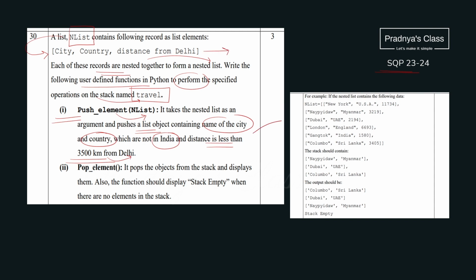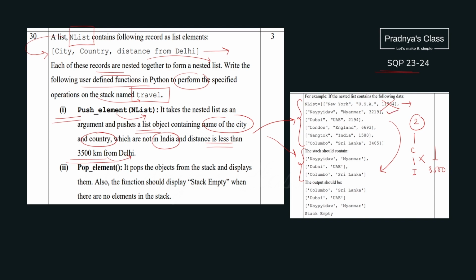To understand, look at this example. Here is the nested list with some records. Now look at the output of the push element function. There are two conditions to write a record to the travel stack. The first is the city should not be in India and the distance should be greater than 3500. Look at the first record. It doesn't satisfy the second criteria because the distance is less.